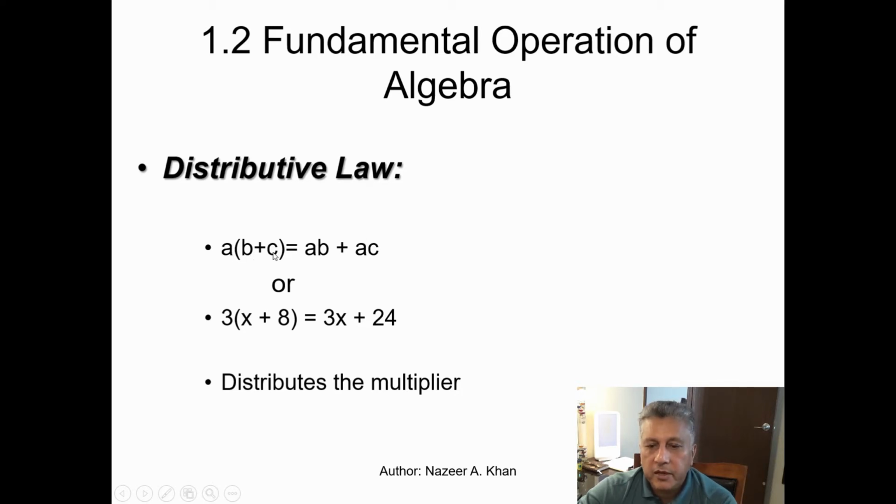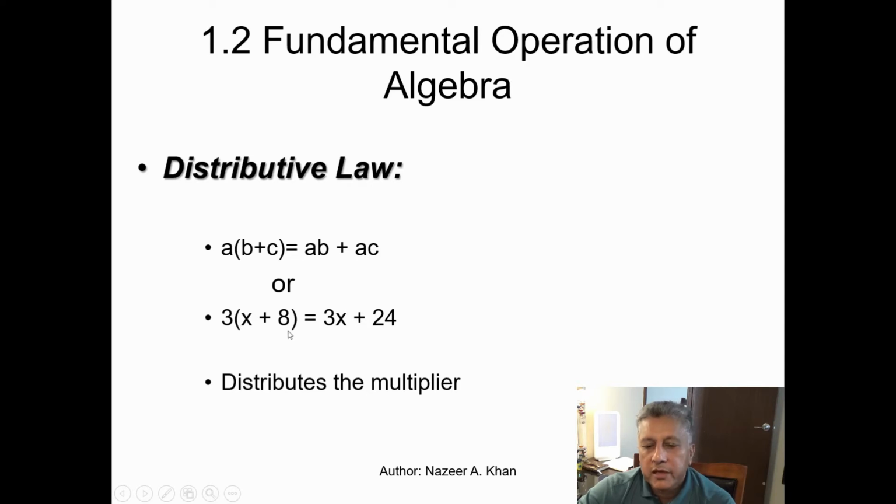This is called factored form because the last mathematical operation is a multiplication. You have to do what's in the grouping first, then you multiply. But when you distribute it, it becomes the expanded form of that factored form.